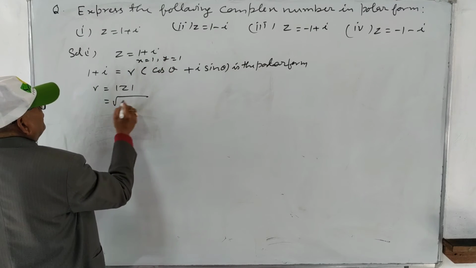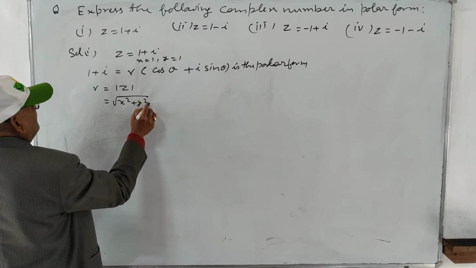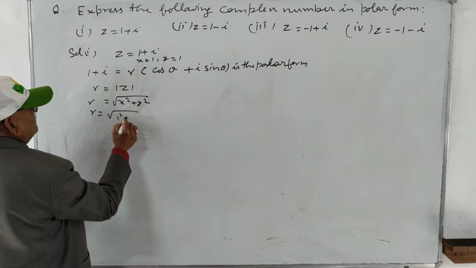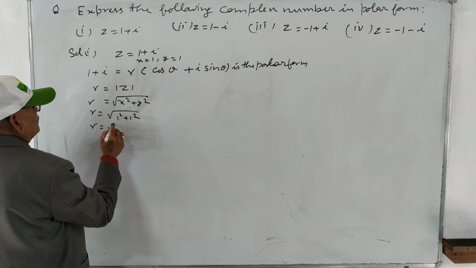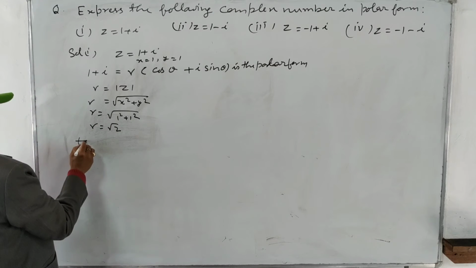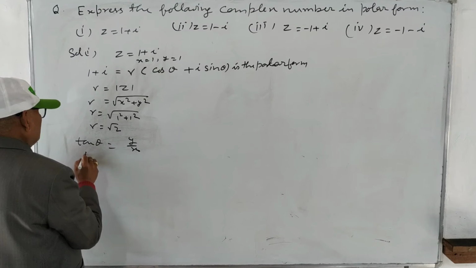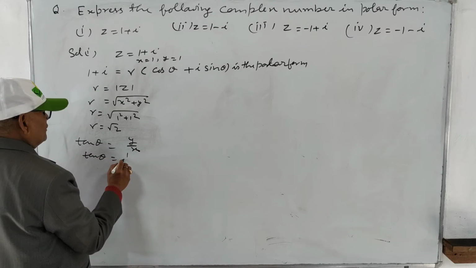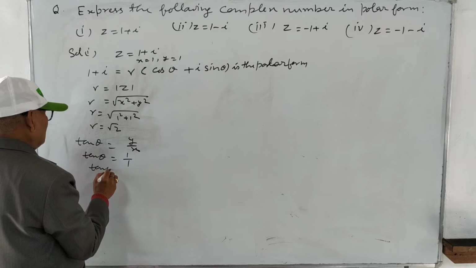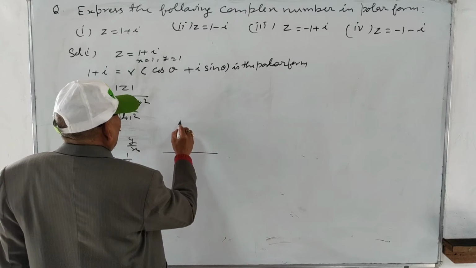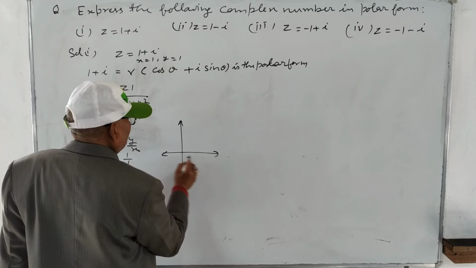So this is under root x square plus y square. So r equals under root 1 square plus 1 square. R is equal to under root 2. Tan theta is equal to y upon x. Tan theta is equal to 1 upon 1. Tan theta is 1. So now you can see your x and y both are positive.